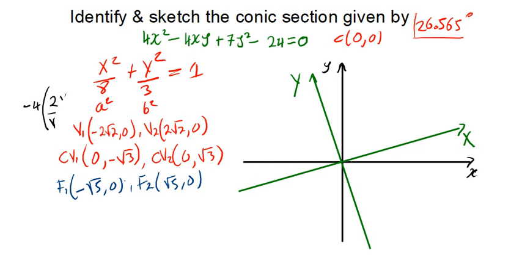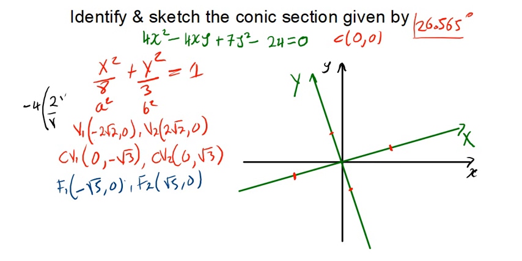For the co-vertices, it is 0 comma, the square root of 3 is actually 1.73, so you have one at negative 1.73. Let's say it's somewhere here, and the positive one is somewhere there. Then for the focus, the square root of 5 is 2.24. So let's say the positive 2.24 is here and the negative one is there.